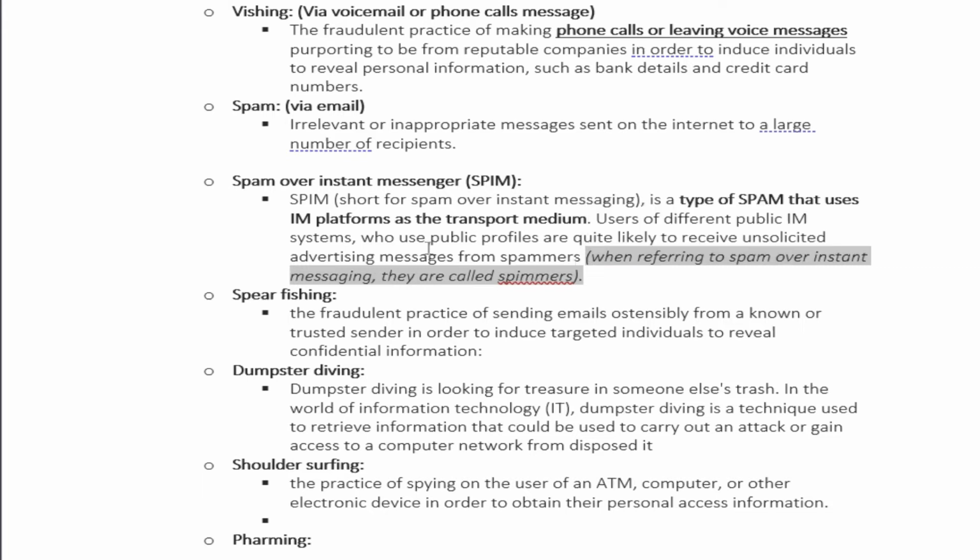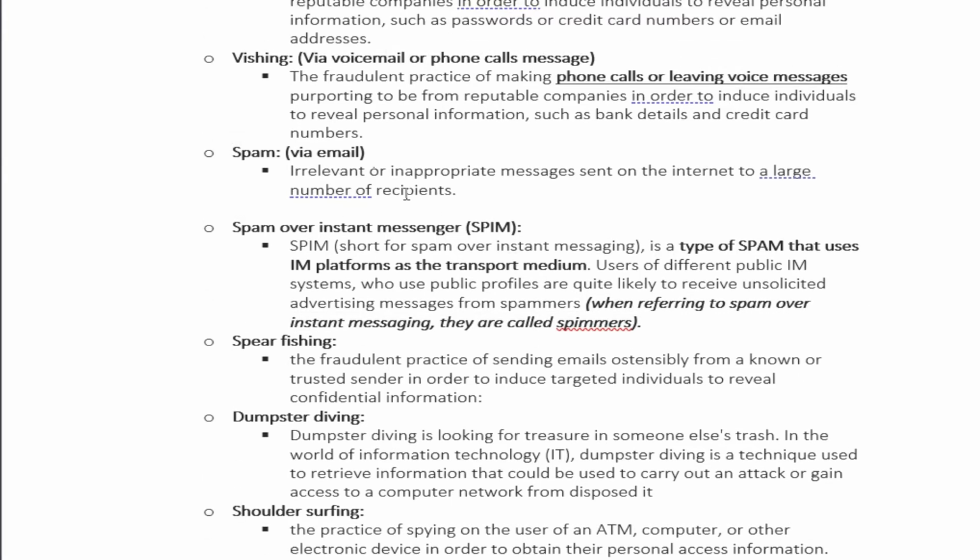Okay, I'm going to put these in italics here, make it easier to locate. People who send spam are called spammers, right? So we're going to say via email from spammers. A spammer is the bad guy who spams you.